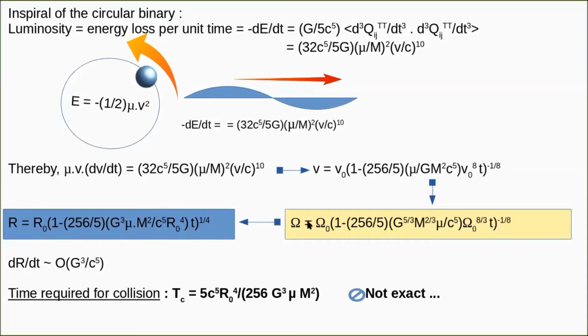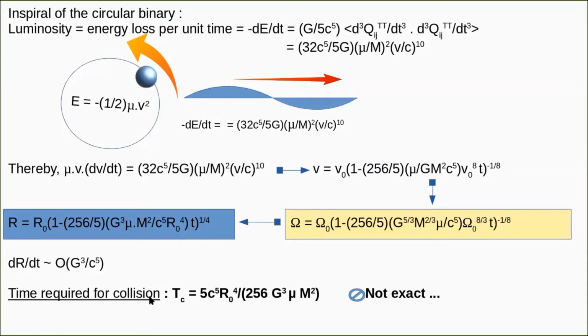And we see that with time omega is increasing, because there is a minus sign in the power. The order of radius shrinking is G cubed over c to the power 5, which is very small in order of magnitude.